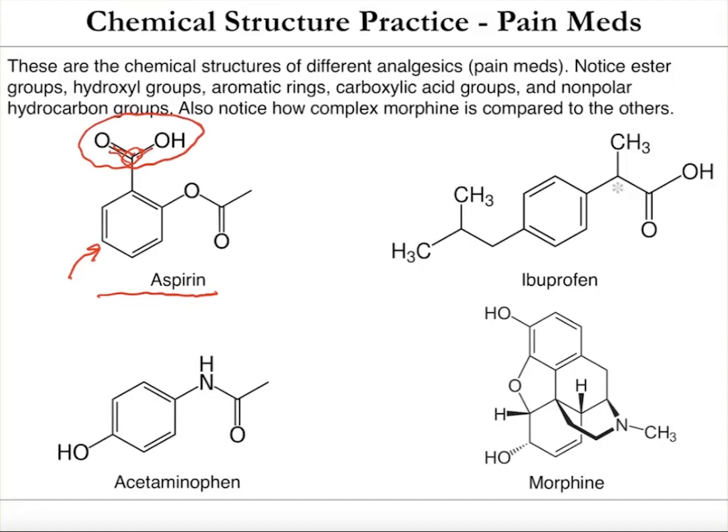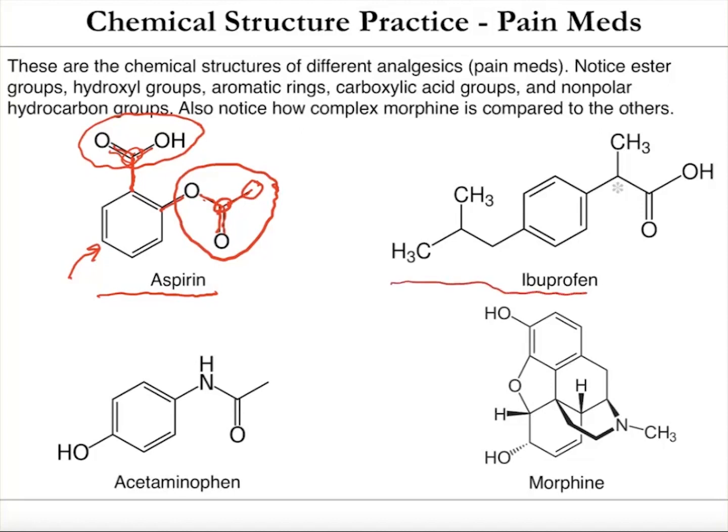The aspirin also has this group right here, which is called an ester group. So this phenyl ring, instead of just having 4 hydrogens, is bound to this carboxylic acid group. And in this one, it's bound to an oxygen, which is bound to another carbon that's double bound to an oxygen. And then here is another carbon at the end. So this is actually called an ester group, but that's not very important for you to remember.